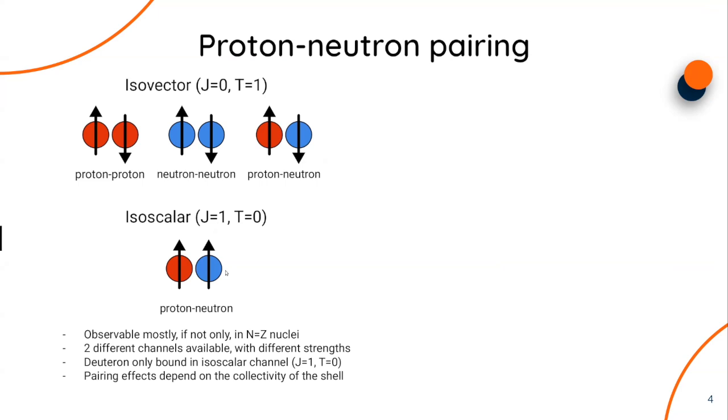So it's already an indication that maybe isoscalar pairing could be stronger than isovector pairing. And as pairing is a collective effect, the idea is to study the collectivity of this pairing, and so also to study it in the biggest shell possible.